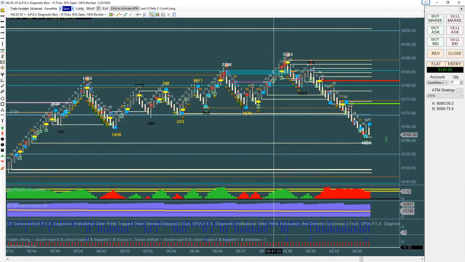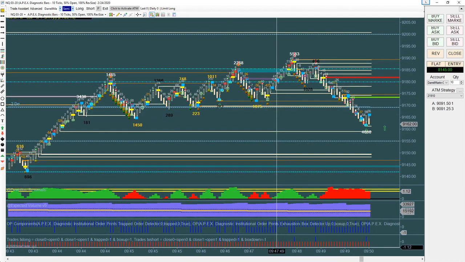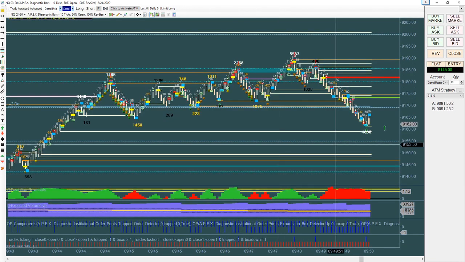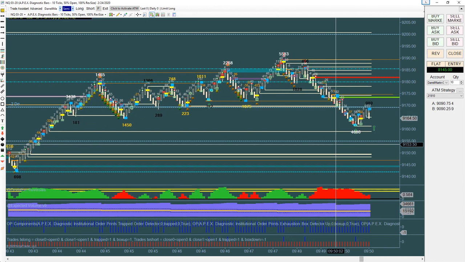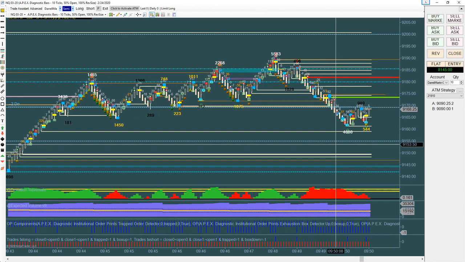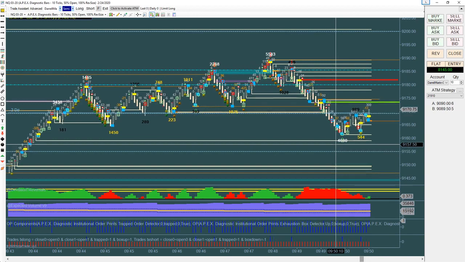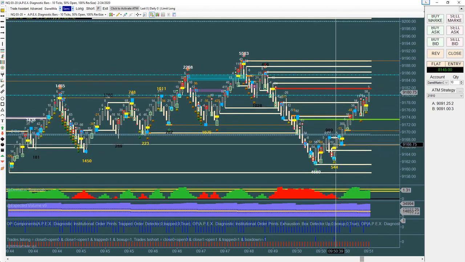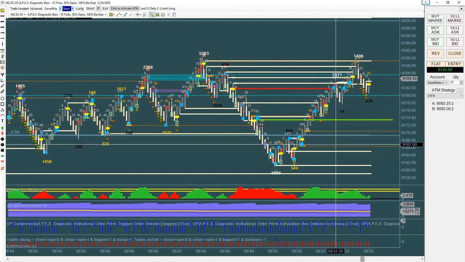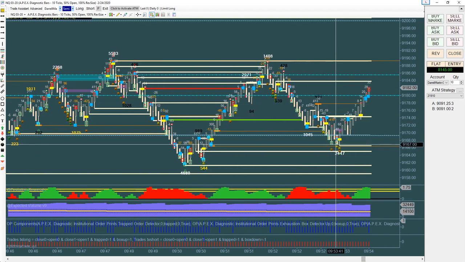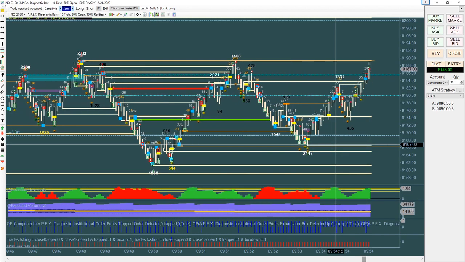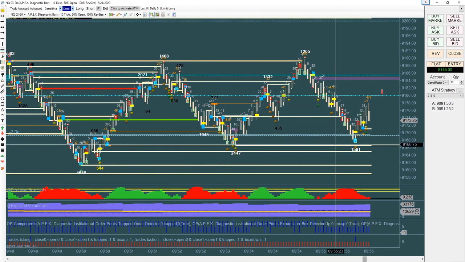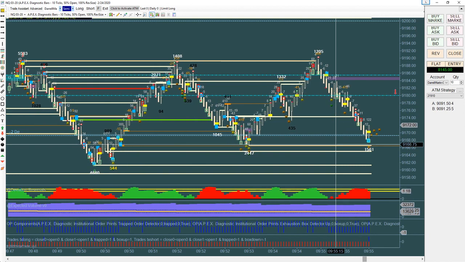I know that's not the exact spot we were at. I'm trying to find exactly where we were. That was where we were, right there.